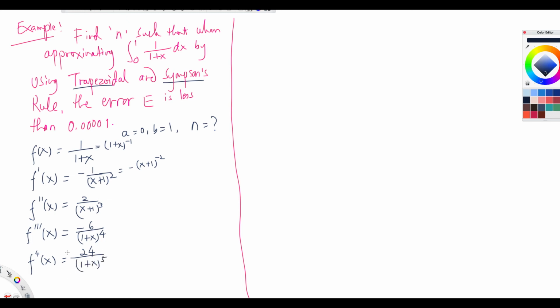Okay, guys, now I want to find n. So first of all, what is the formula for the error analysis? Let me use a different color there. The number I want to do under the trapezoid rule.